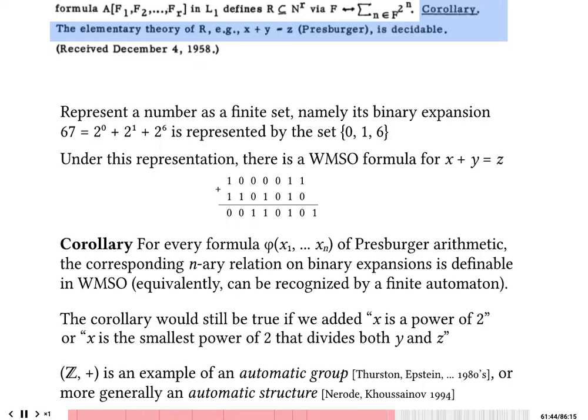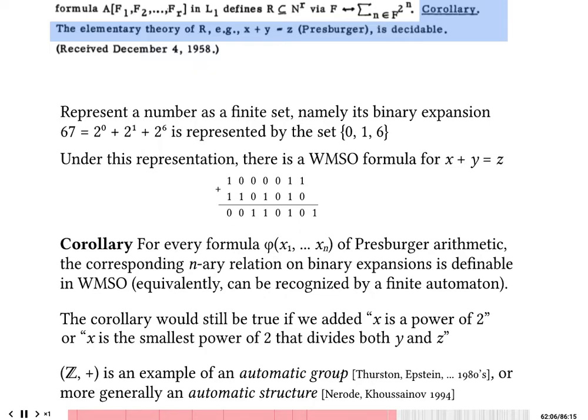So what's an automatic structure? It's a structure where the underlying set is a regular language, so maybe not necessarily all strings over some finite alphabet, but the strings in the underlying set need to be a regular language. And then you want the basic relations in the structure to be implementable by automata.